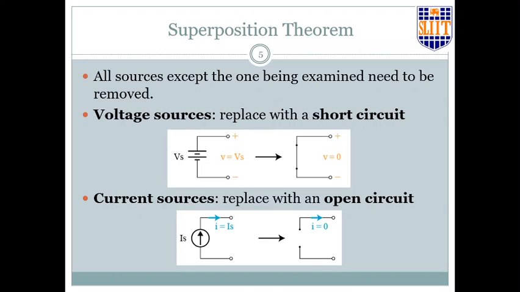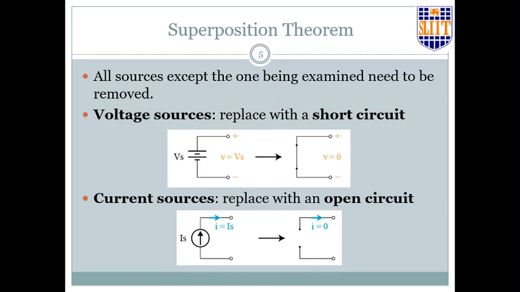Now when you consider one source by source, we'll have to disregard or remove the other sources. So what do you have to do in the case of removing a voltage source and a current source? When you remove the voltage source, we actually get rid of the voltage effect only. An ideal source has an internal resistance of 0. So when the voltage effect is not there, the internal resistance has to be there in its place.